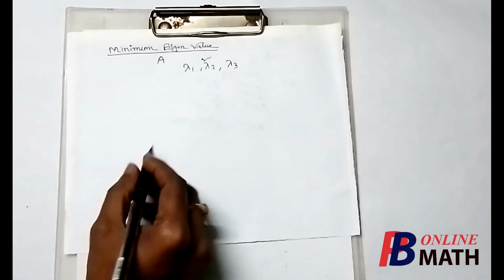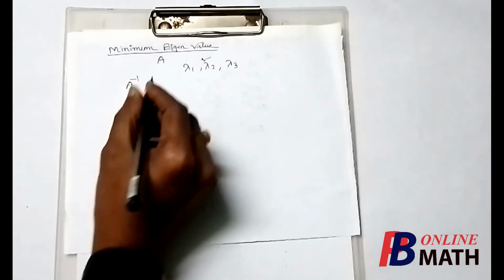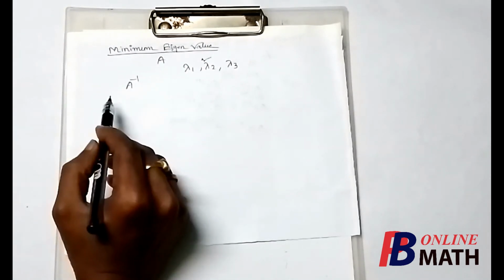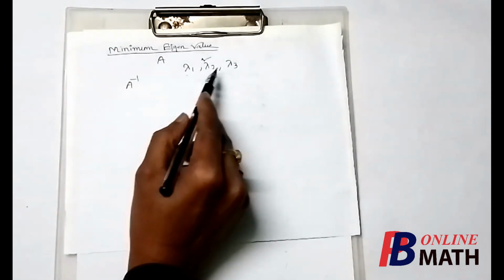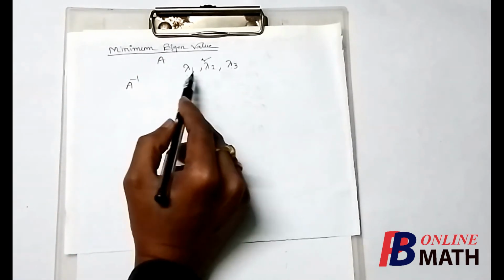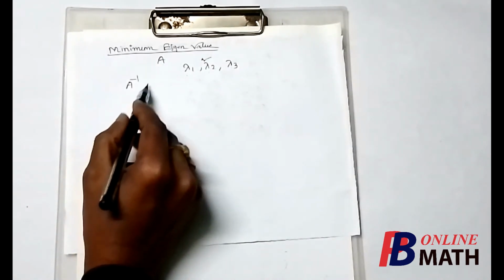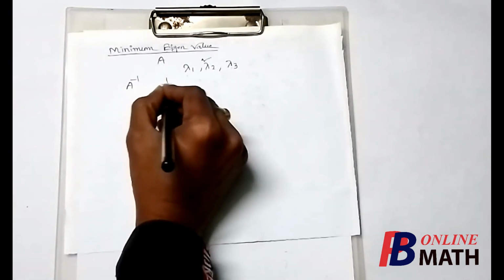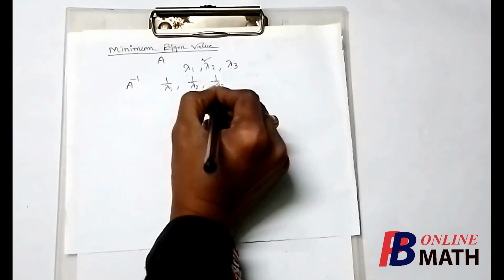Then if we compute A inverse, that is the inverse matrix of A, and we know that if the matrix is non-singular, then we can find A inverse. So if lambda 1, lambda 2, lambda 3 are the eigenvalues of A, then the eigenvalues of A inverse will be 1 by lambda 1, 1 by lambda 2, 1 by lambda 3.